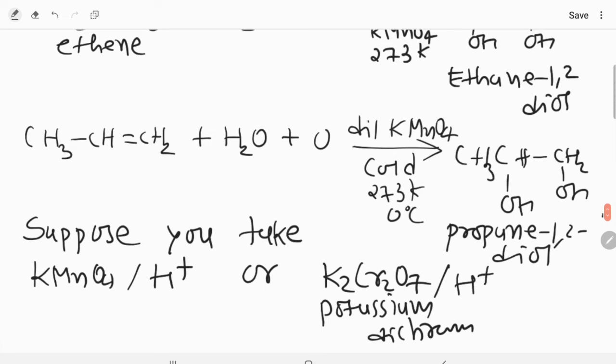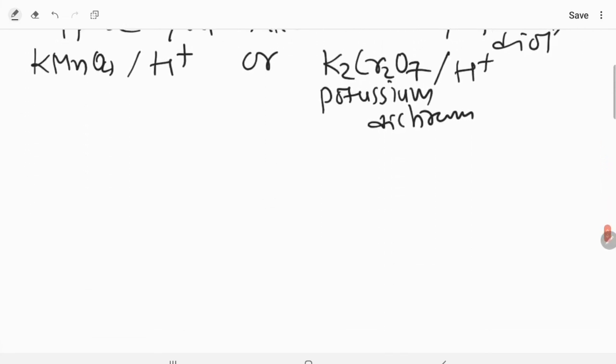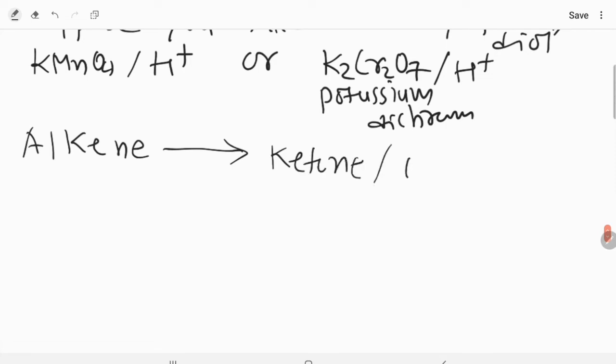In that case, what will happen? Your alkene is converted into the corresponding ketone or carboxylic acid.